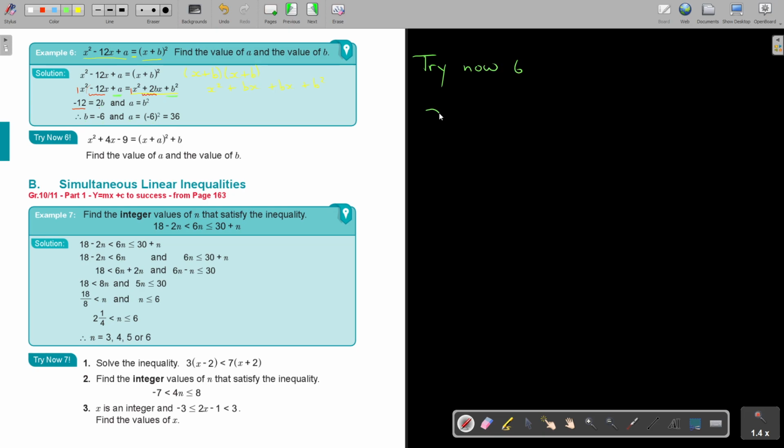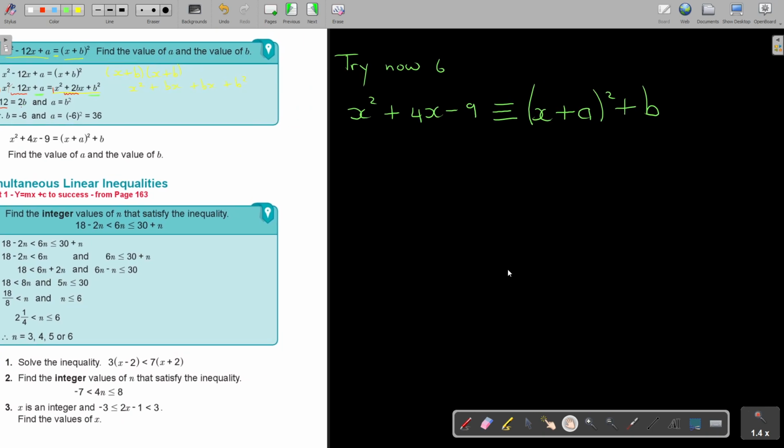Okay, so it's x squared plus 4x minus 9. Now, they don't show the identity sign, but it's meaning this. Okay, so it's (x plus a) squared plus b. The only thing that you do is the side with the brackets, just multiply that side out.